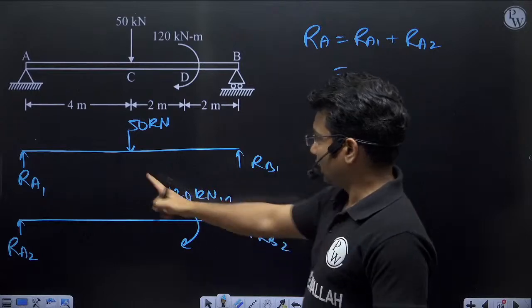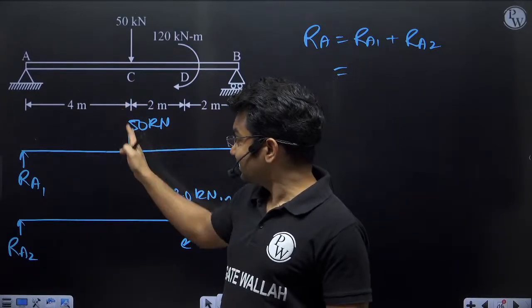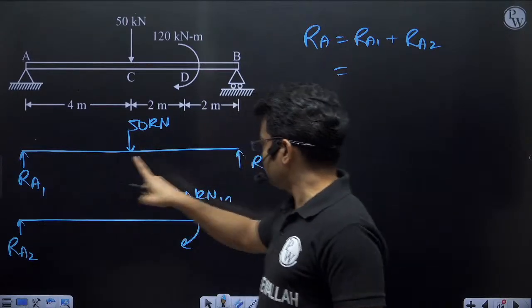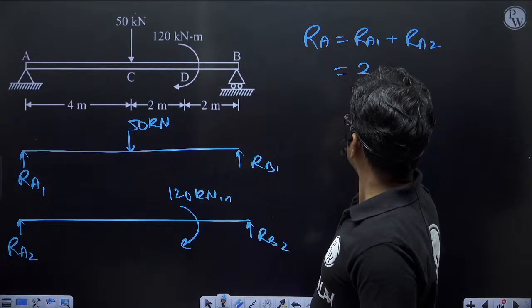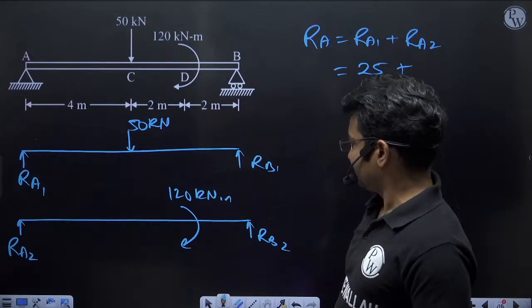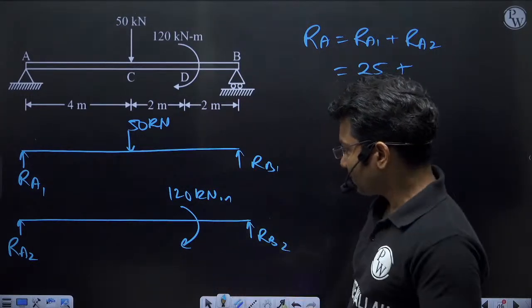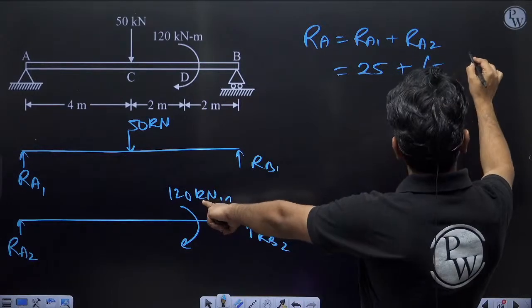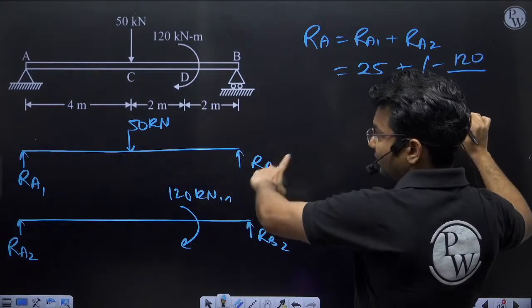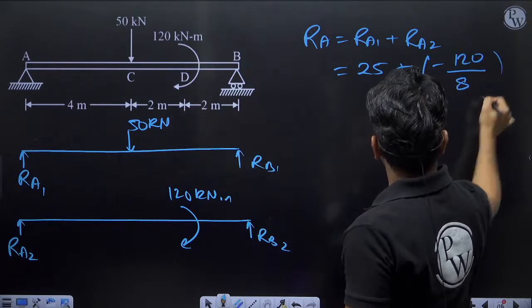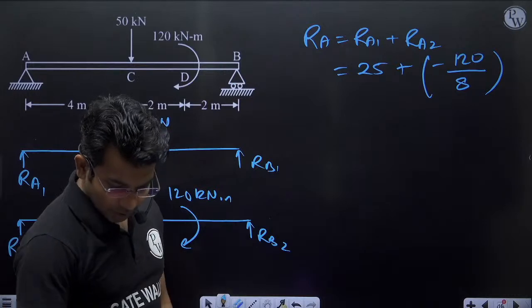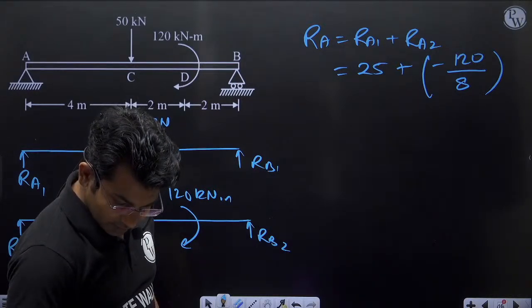RA1, this load is acting at midpoint, so this will be 25 kilonewton. Plus RA2, it will be minus M by L. So it will be minus 120 by L. Length is how much? 8. So 25 minus 120 by 8. How much is 120 by 8?